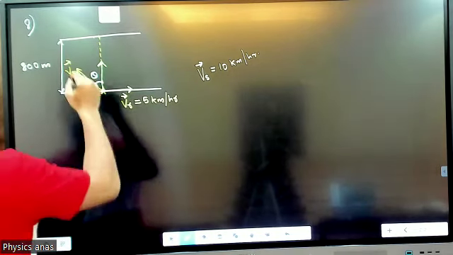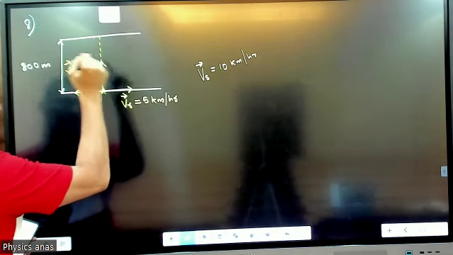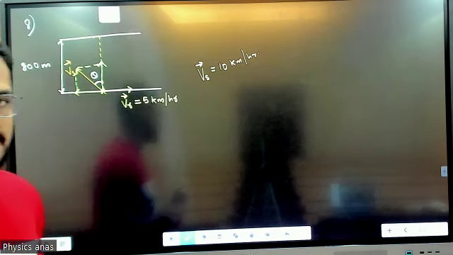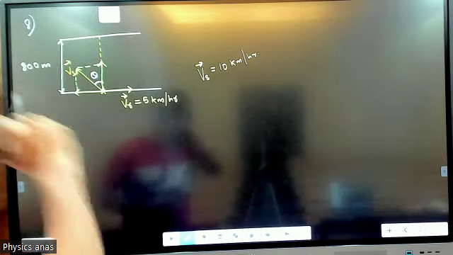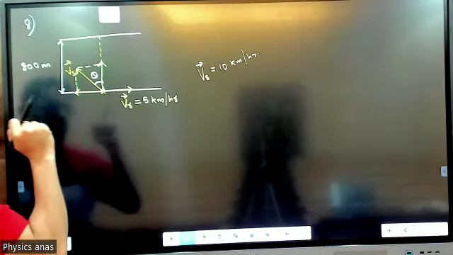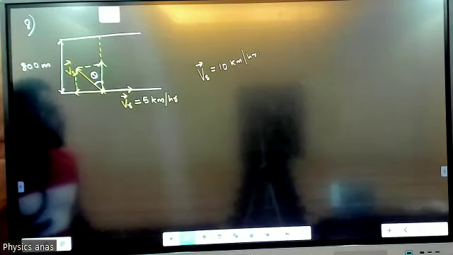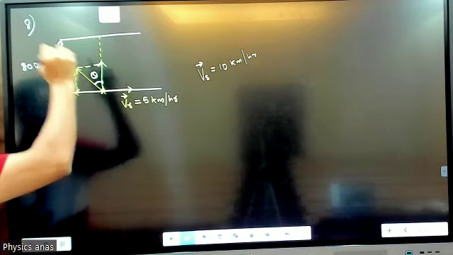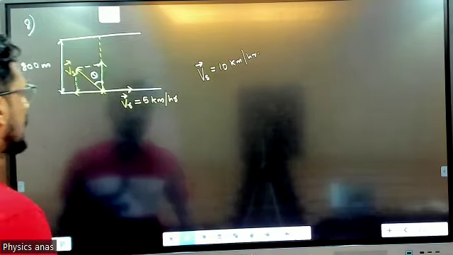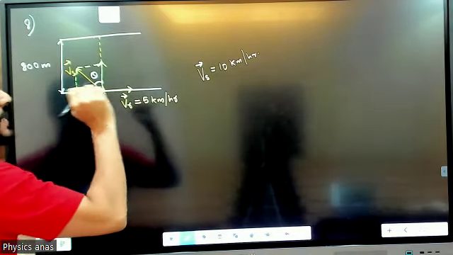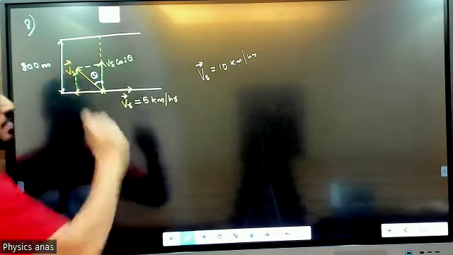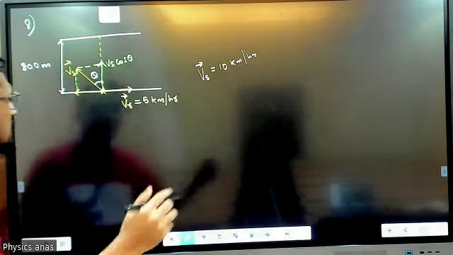Now this Vs is the velocity vector of the swimmer, and you can split that into two vectors. The component close to theta is Vs cos theta.